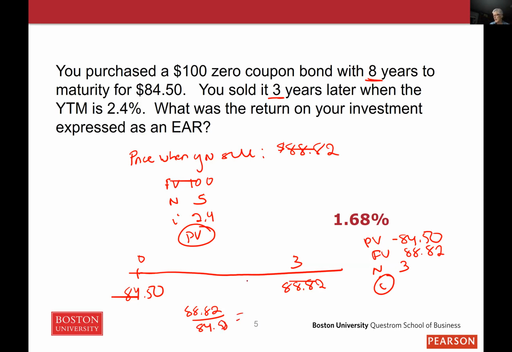When you do that, you get 1.051, but that's a 3-year return. So you have to take it to the 1/3 power and subtract 1. But either way, you get 1.68. So you're doing it the way that works best for you. At this point, you're doing the keystrokes in the way that works for you. And I'm just showing you both in case you did it the other way.